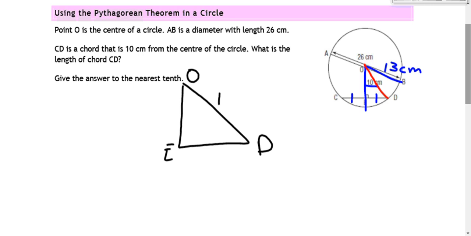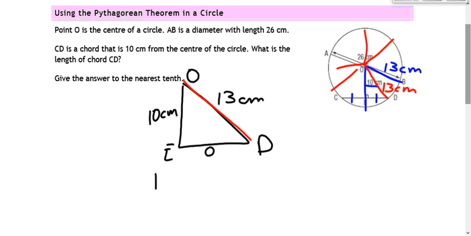That means this is 13 centimeters, because like I discussed in the last question, it doesn't matter where this line goes. These are all 13 centimeters. I'm going to color code that so you guys can see. So that's 13 centimeters. This is 10 centimeters, and we're looking for this guy.